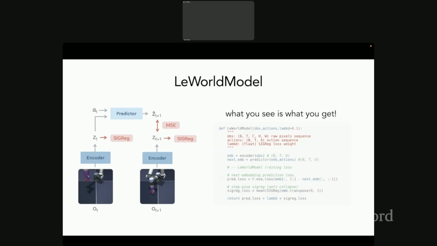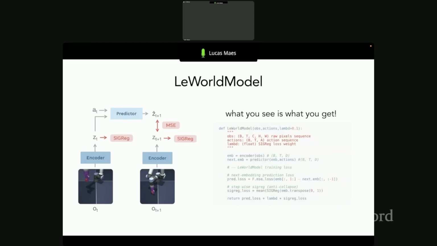You use mean square error, and you use what we call SIGREG to avoid collapse. What is nice is that what I told you about before with JEPA is literally what you see, and the code is exactly what I just described. If you look at the pseudocode on the right, it's actually not much of a pseudocode, it's literally the true code. You encode, you predict, you compute your future prediction error, and you use SIGREG to avoid collapse, okay?